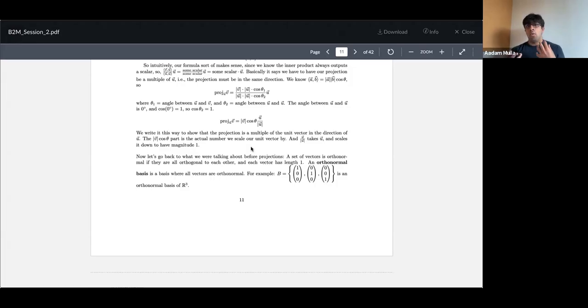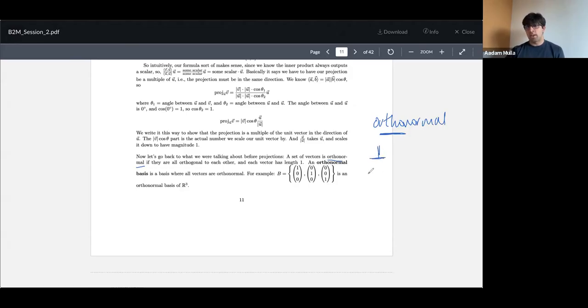Now, there's a new phrase we're going to learn, which is, what does the word orthonormal mean? We use it to describe a set of vectors. A set of vectors is orthonormal if they're all first orthogonal and normal. So orthonormal, as you may guess, is a combination of orthogonal, which means perpendicular.